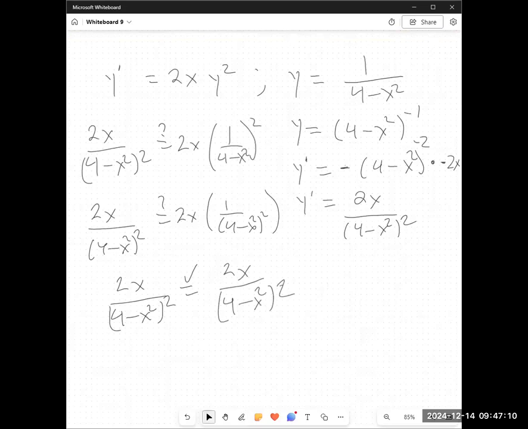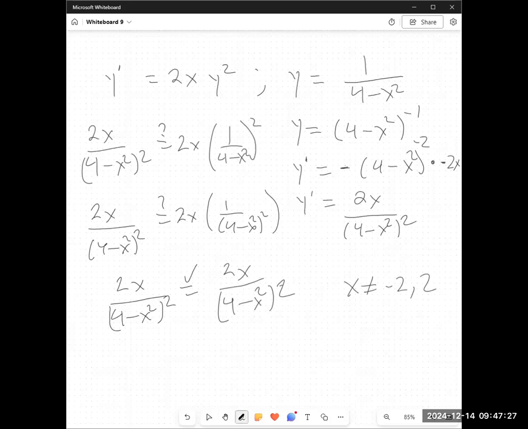And we would want to note with this that this would work as long as x is not negative 2 or 2, which would violate the domain of the solution there.